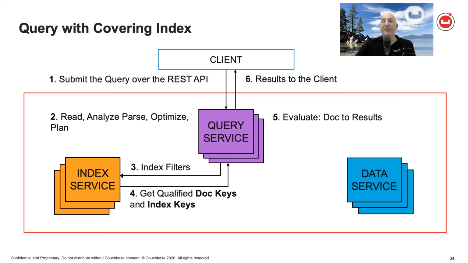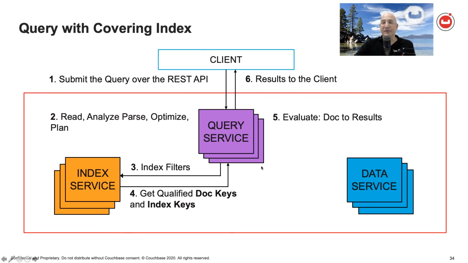Now, let's see what happens if the index covers all the fields of your query. The client submits a query to the query service. The query service creates an execution plan. Then it executes the plan and calls the index service. It gets the values of the indexed fields and the document keys they refer to.